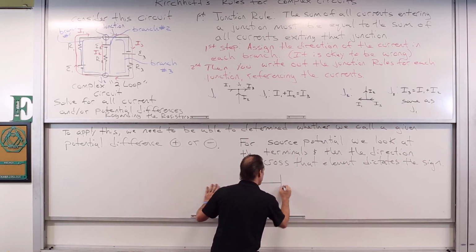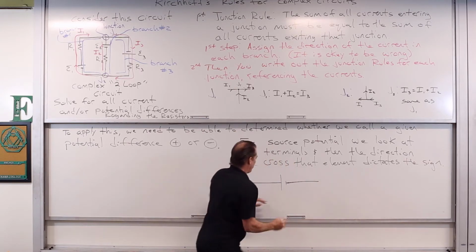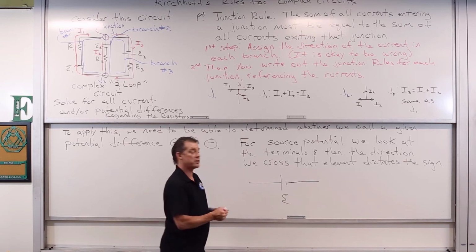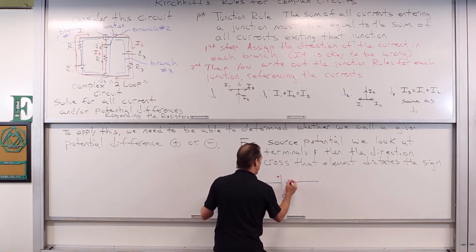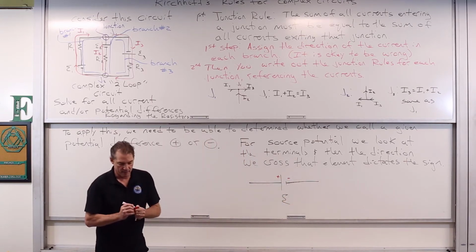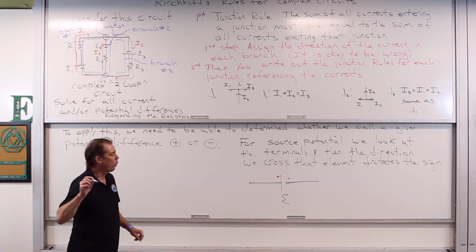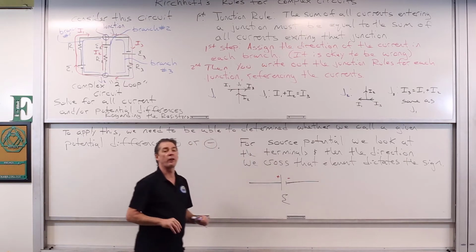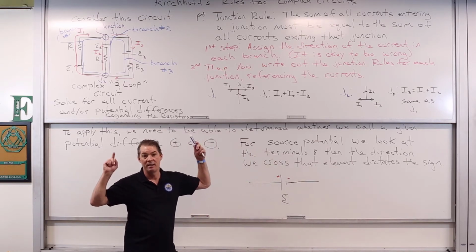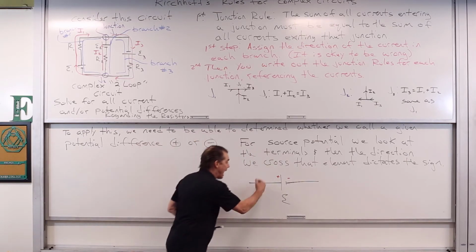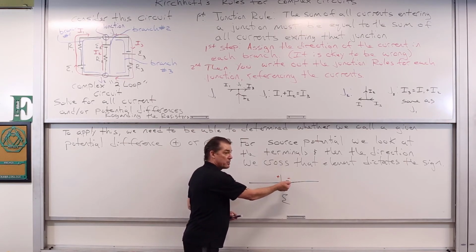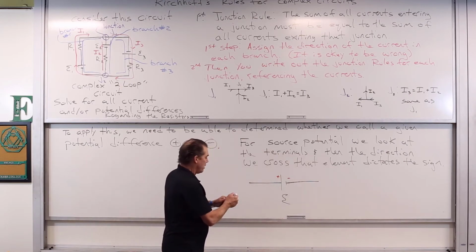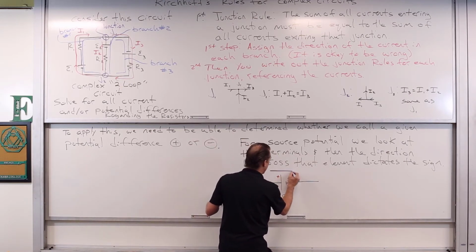So we know this. For a source potential, the long side's plus, the short side's minus, right? That's the plus side, that's the minus side. If I go across this from plus to minus, the potential difference across it is measured to be negative, right? You go from high to low potential, you have final minus initial, which is low minus high, minus minus plus, which would be negative.